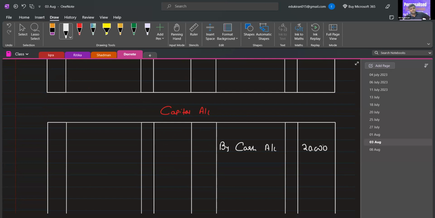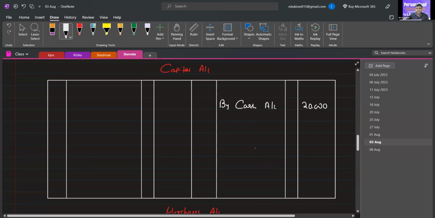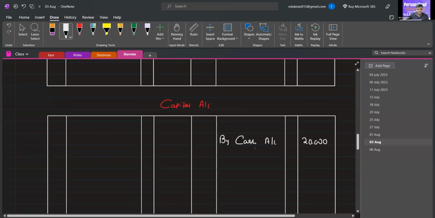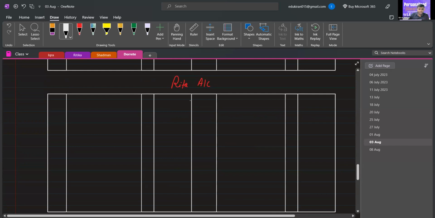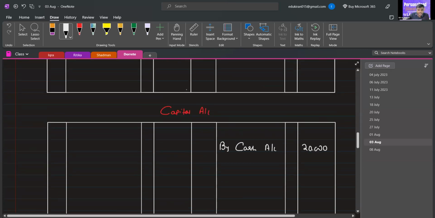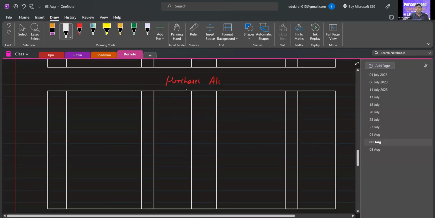Okay. The second entry is purchased goods from Rita. So purchase account debit to Rita, purchase is on the debit side.